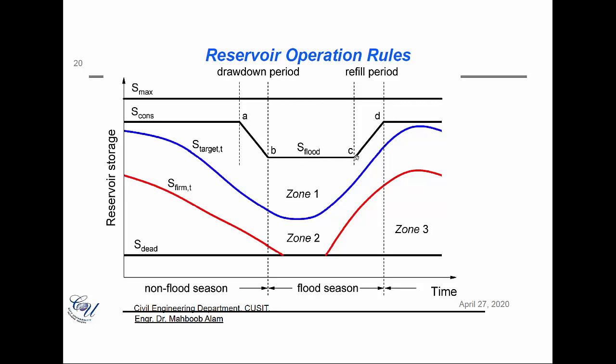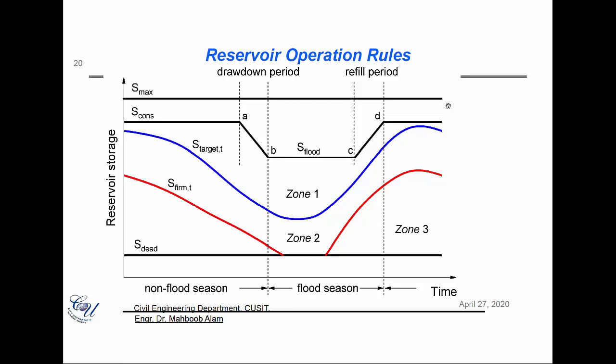And once the flood season is over, then I'll increase my water level to this value, and then I'll operate the rest of the year at this level. And this is a very simple operation rule, where you have different zones and you are trying to meet the operation rules.